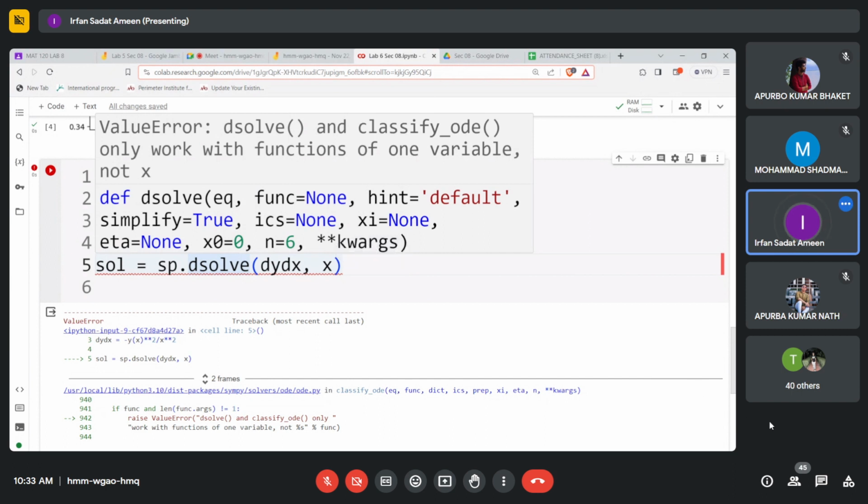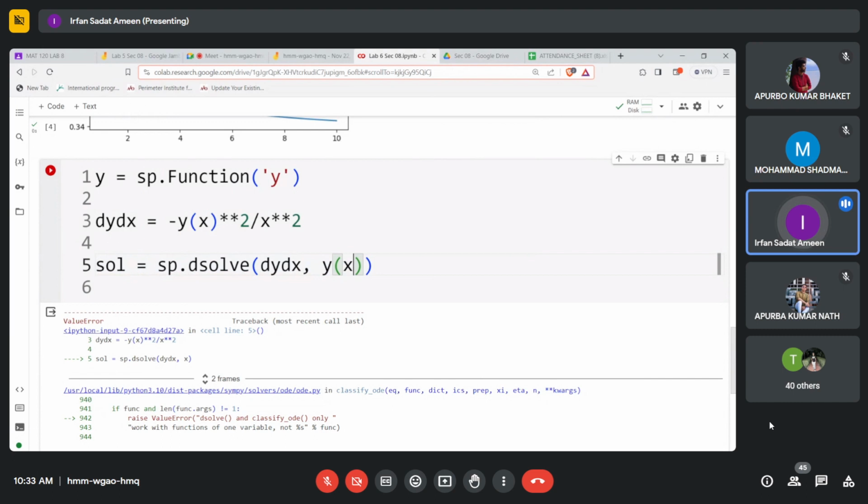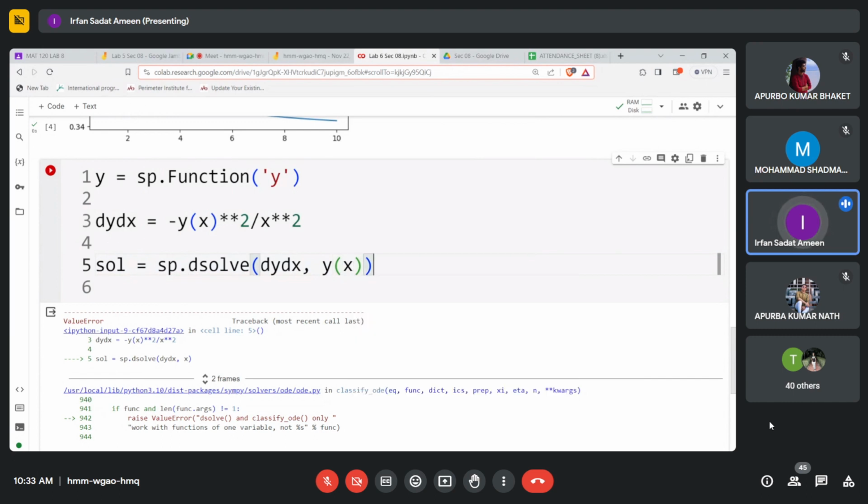Oh, we are not solving for x, are we? We're solving for y of x. Okay, so this was the mistake here. We are trying to solve this equation not for x, we are trying to solve this for our function y of x, right? Because we want the solution for y of x, not x; y of x is in terms of x.